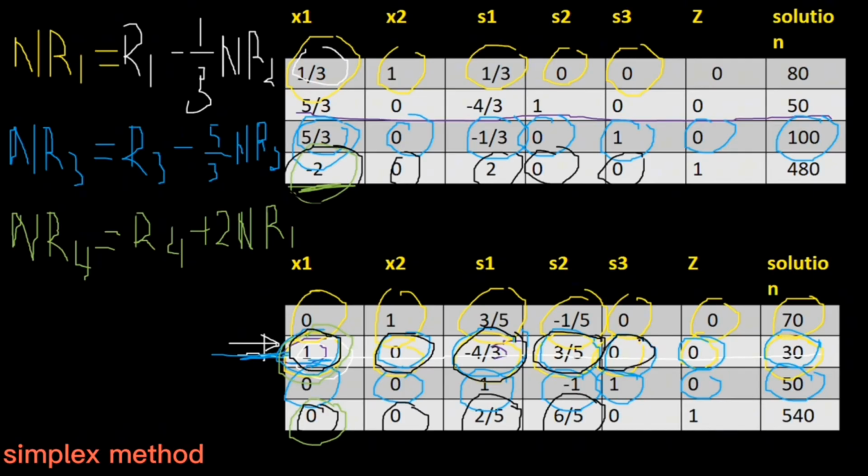We have 0. 1 plus 2 times 0. We have 1. And the last one is 400 plus 2 times 30. We have what? 540 at this point.